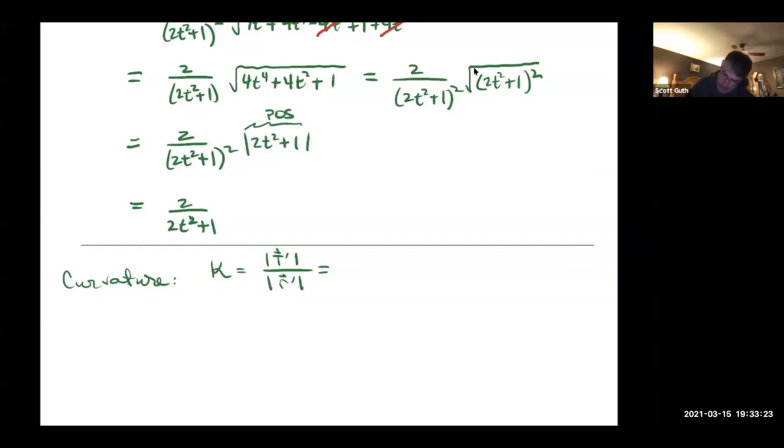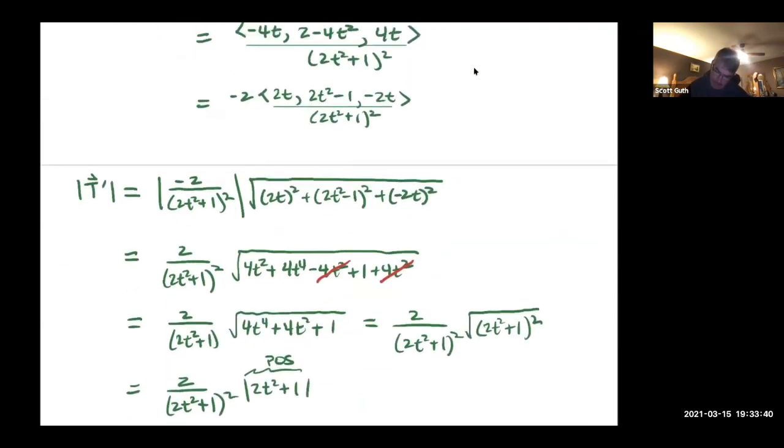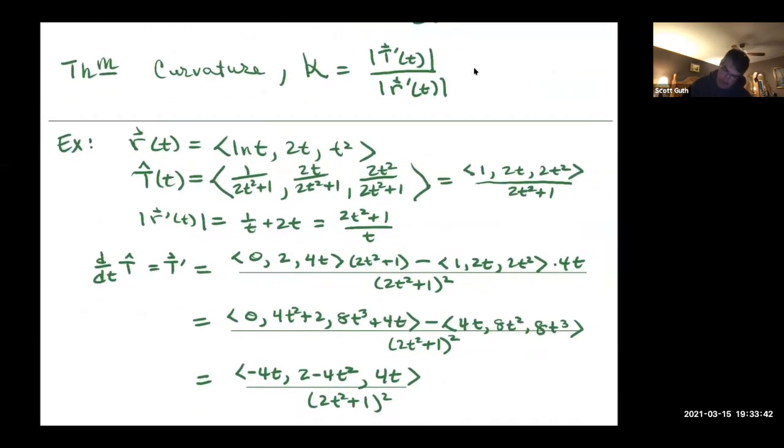So we just have this last result, the 2 over t squared plus 1 here. Let's just copy that down. Okay, and maybe divide out the speed, which we did previously. So let me see if I can find that. This one is the speed.